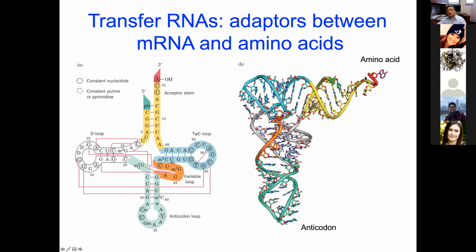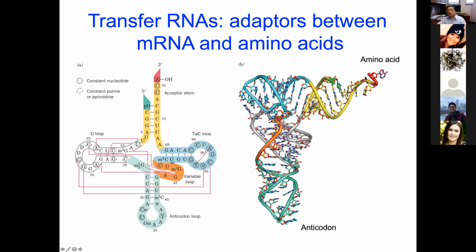The third position does not form conventional Watson-Crick base pairing, but this kind of recognition allows one tRNA to recognize multiple codons. This interaction is not as strong, but it allows the tRNA to bind to certain codons so that the translational process can happen in a very efficient way.